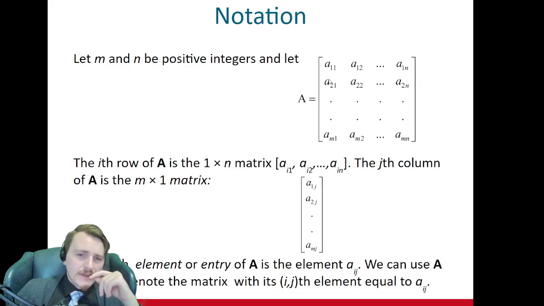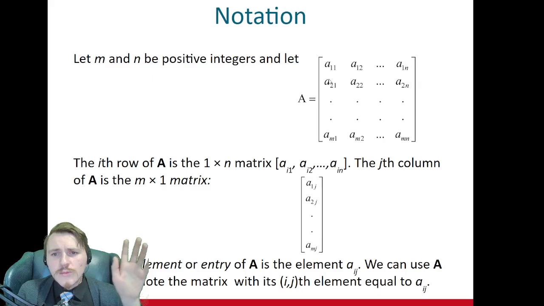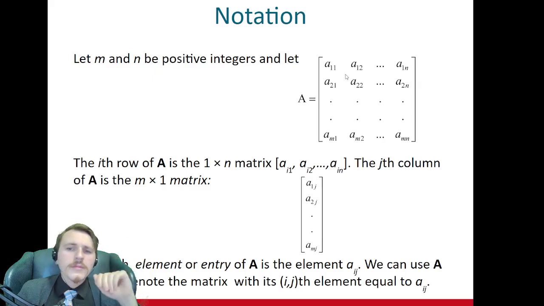Here's our notation, right? There's a lot of weird letters and symbols here. But this is showing us how we denote columns versus rows. A lot of times we'll use i and j as our variables here. So what row are we on? The first, second, third, fourth, so on and so forth. What column are we on?